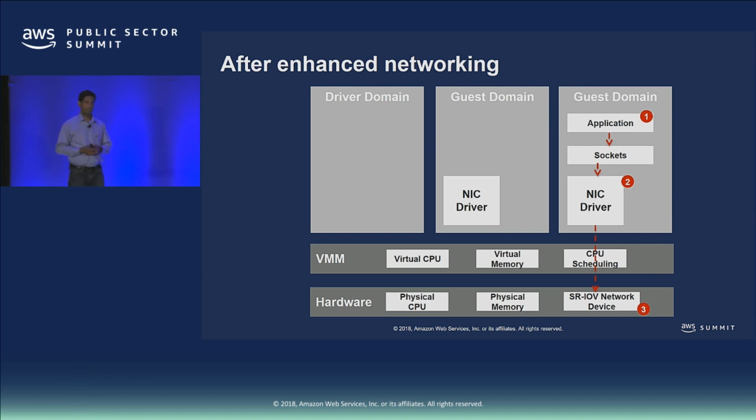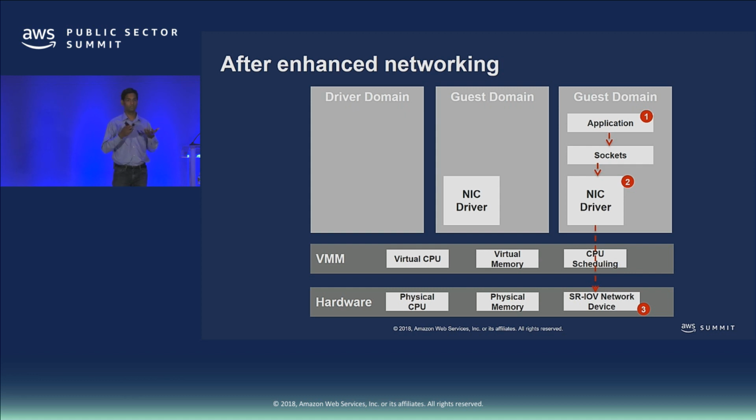The advantage of this is that these are all, by the way, HVM-based AMIs. It is extremely important for you to understand that PV AMIs and HVM AMIs are two different methods through which you can launch EC2 instances. We strongly encourage HVM-based AMIs. Why is it important? Because PV drivers do not support hardware acceleration.